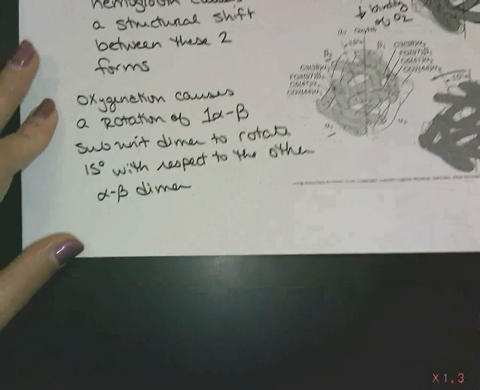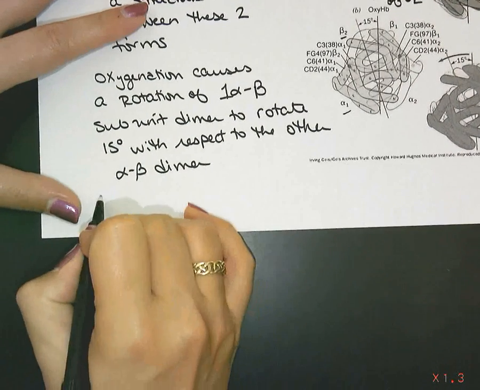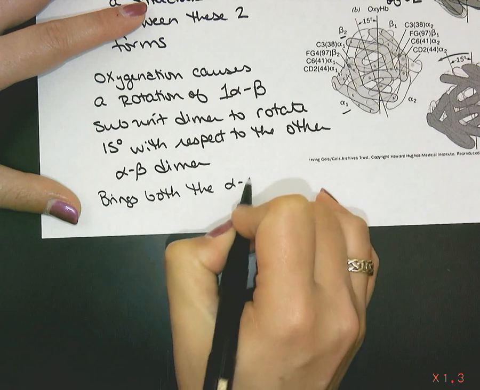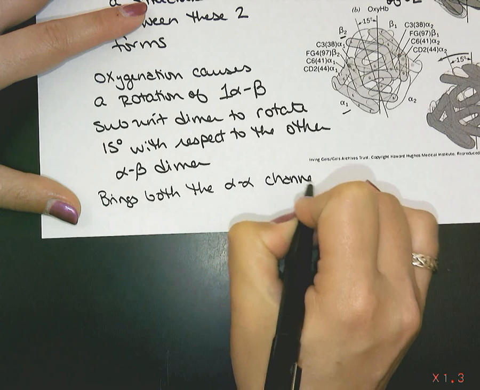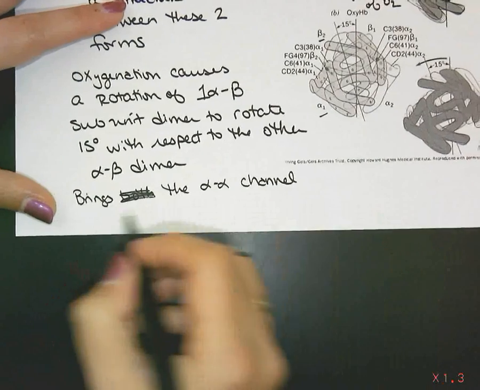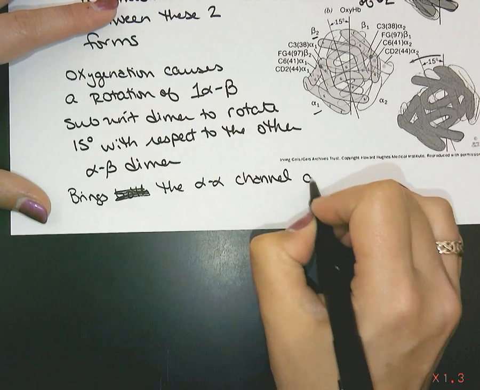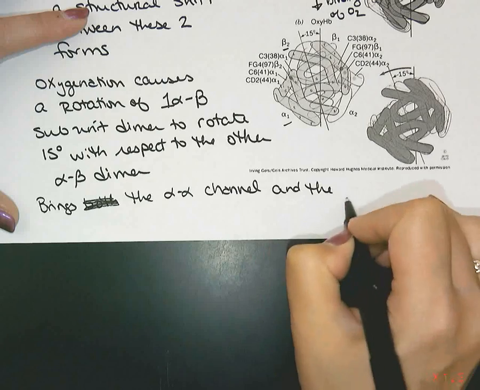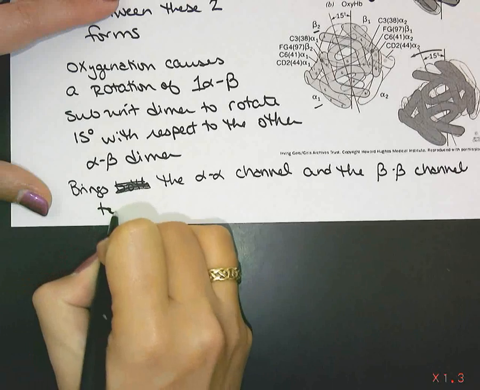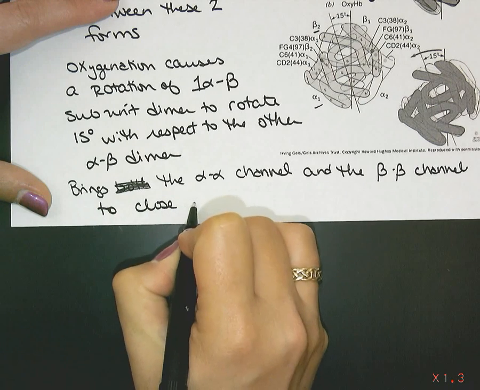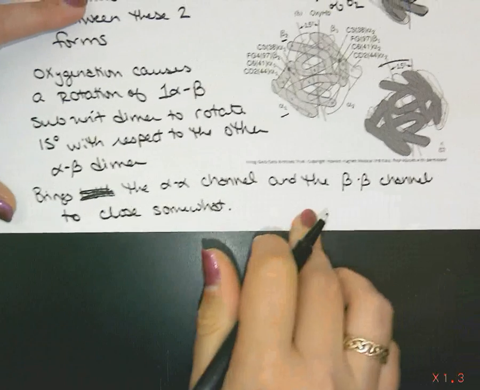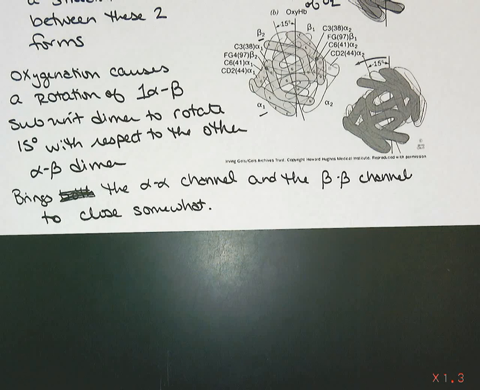So this 15-degree shift brings the alpha-alpha channel and the beta-beta channel to close somewhat.